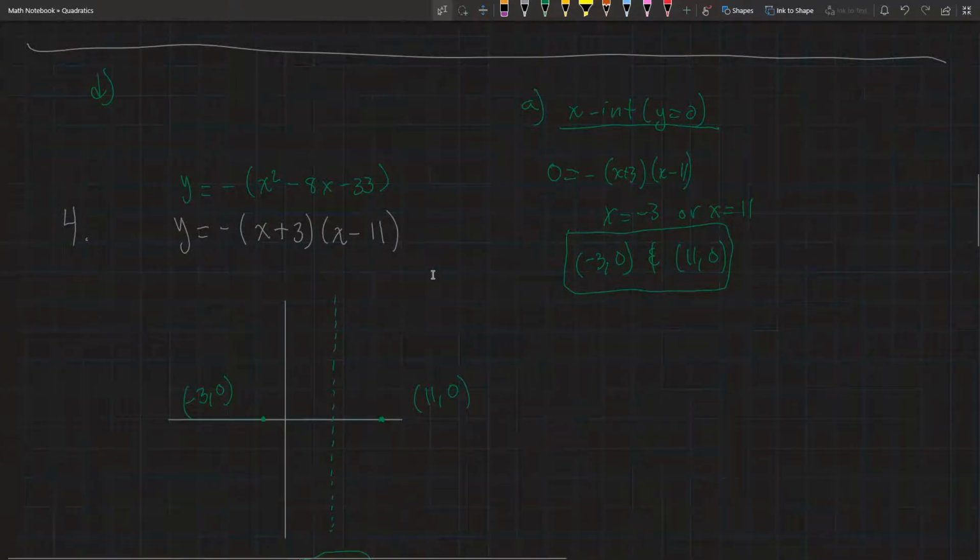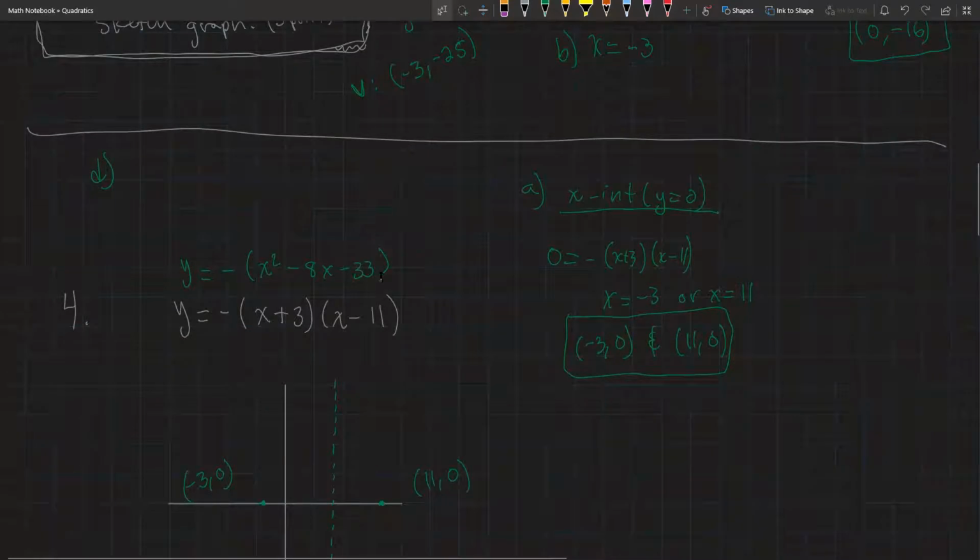You can verify that. Take your time if you need to. And then because we have a negative on the outside, if we were to distribute this, then we get negative x squared minus 8x minus 33. I'm sorry, plus 8x and then plus 33.